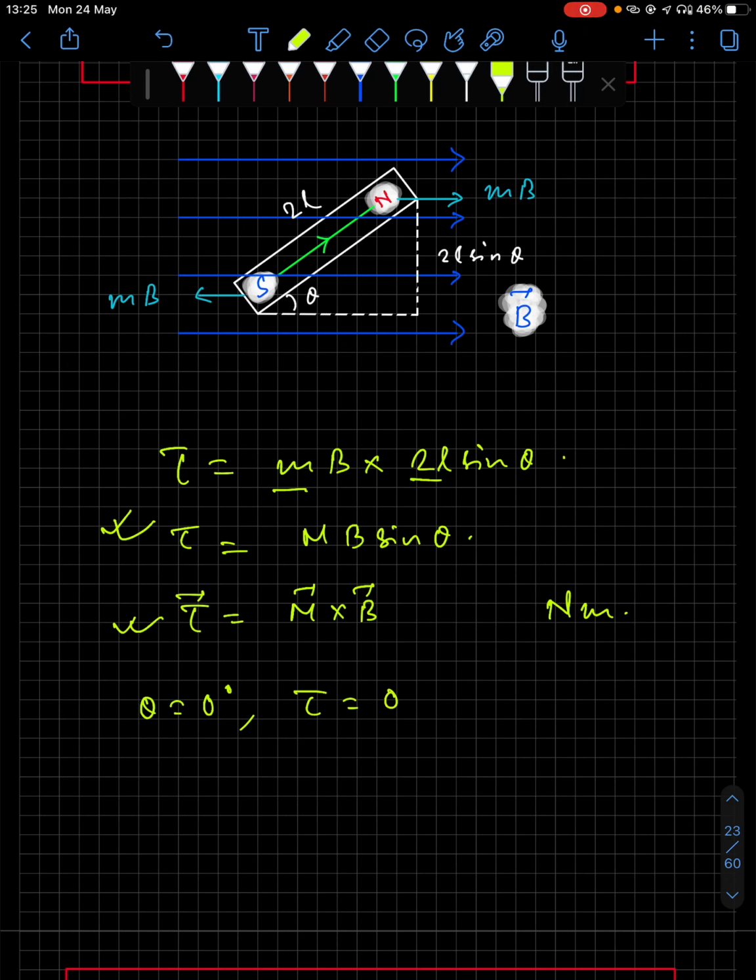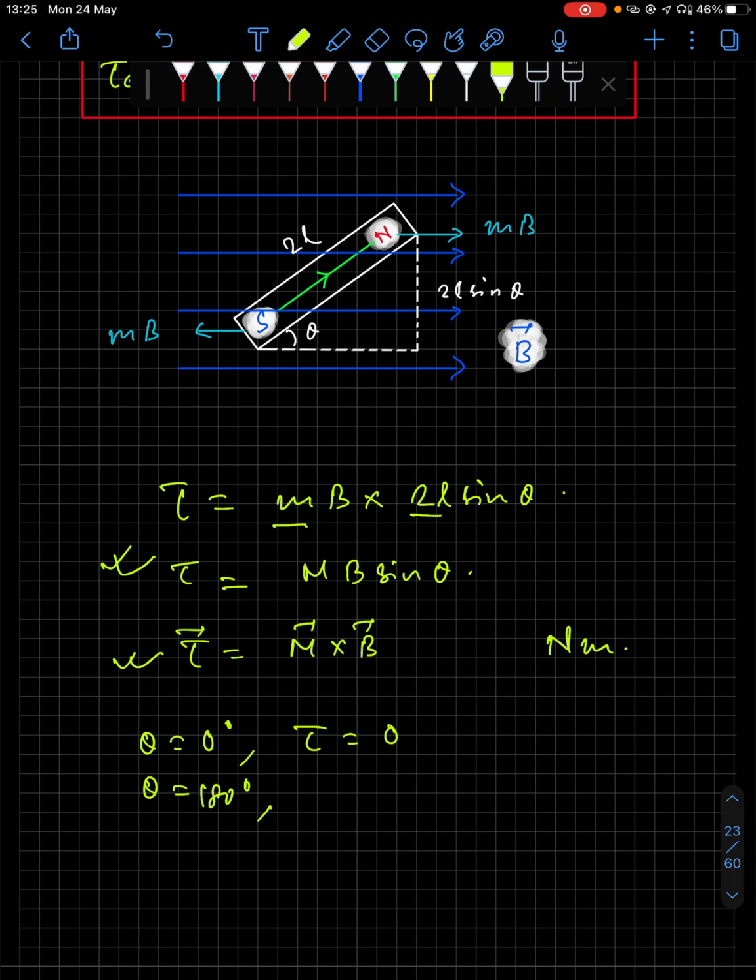That means no torque acts on the bar magnet, even if theta equals 180 degree. In that case the bar magnet will lie like this, but north will be here, south will be here. This situation you call anti-parallel. The bar magnet is lying anti-parallel. In that case also no torque will act on the bar magnet.